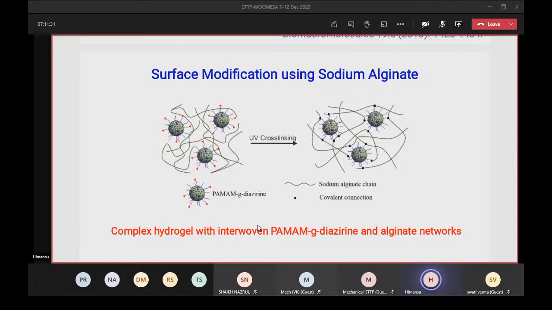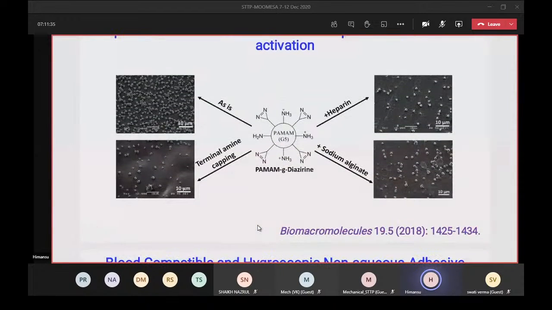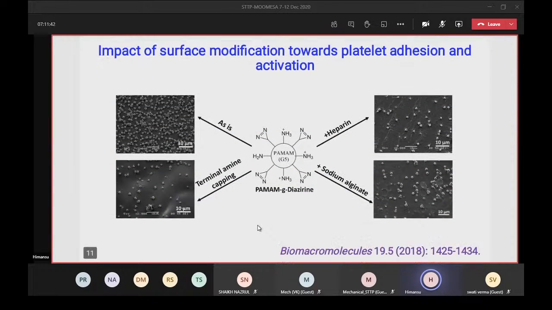We created three ways, and in all of them we compared with the natural bioadhesive. We studied the platelet adhesion and activation results using human blood, taken directly from volunteers, to study how many platelets could adhere over those tuned surfaces.